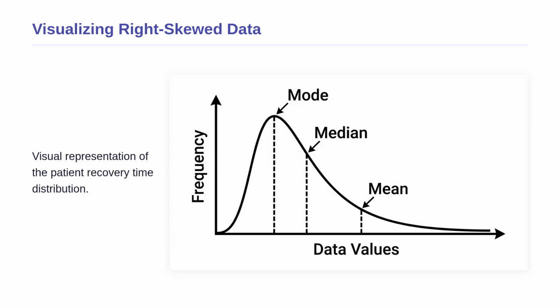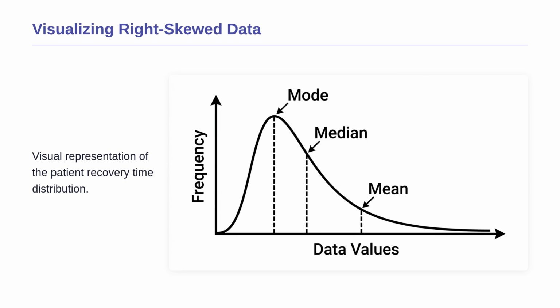To truly grasp what our calculation means, let us visualize this right-skewed distribution. Here, you are looking at a frequency curve that perfectly represents our patient recovery data. The horizontal axis shows the data values, and the vertical axis shows the frequency. Notice the shape. The peak is concentrated on the left, representing the majority of patients who recovered quickly.